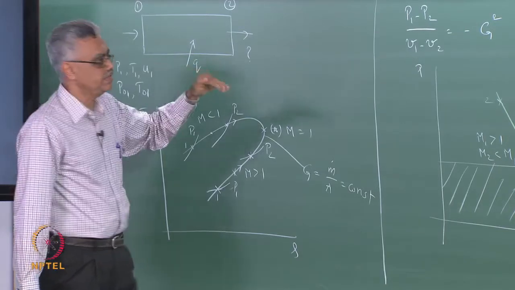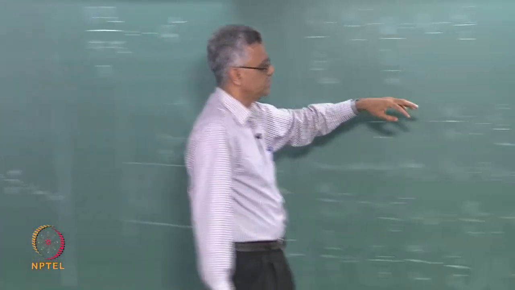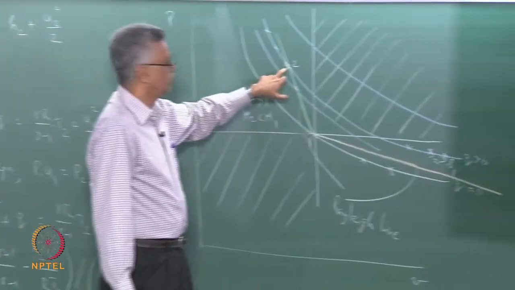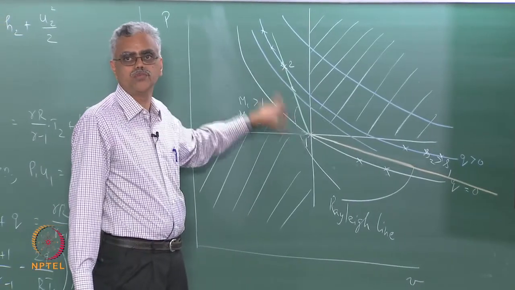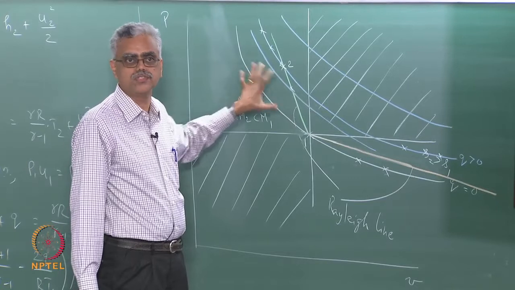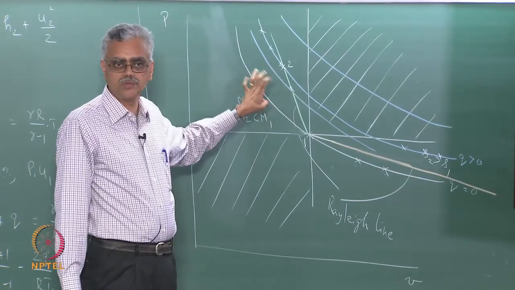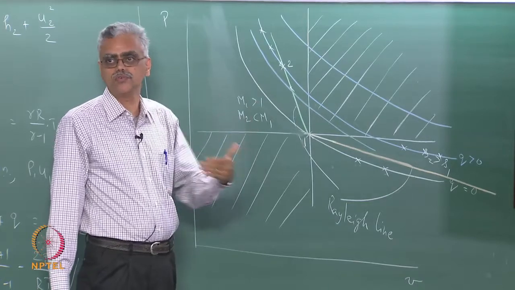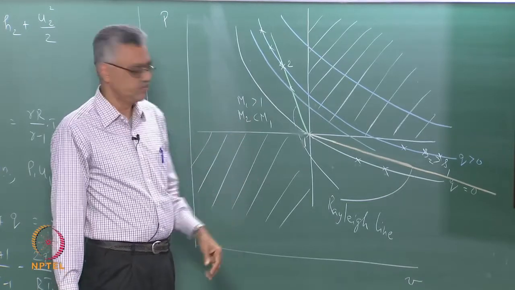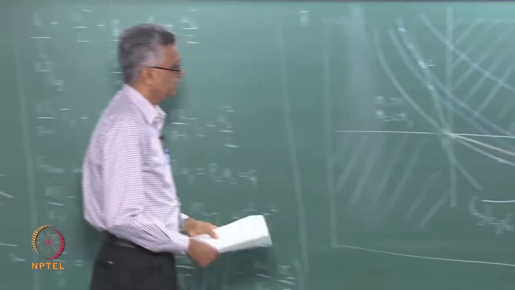So I must pass through all the intermediate states from 1 before I can reach 2. I cannot jump from 1 to 2. This is not a wave solution, this is a continuous solution. That is a very important distinction because that brings in certain limitations on the amount of heat that we can add, which we will discuss afterwards.